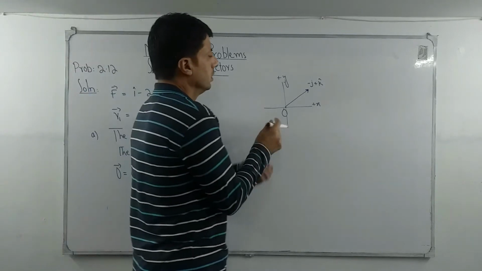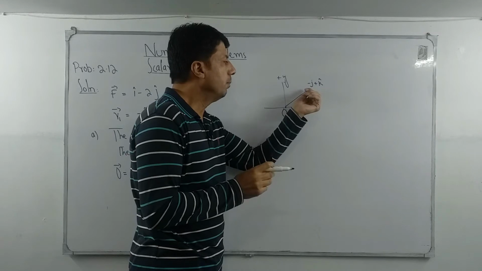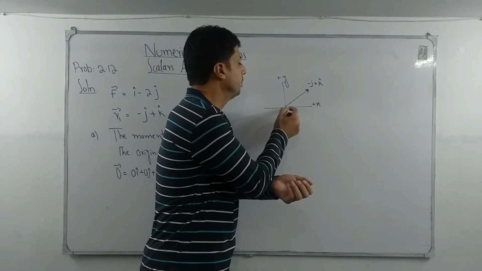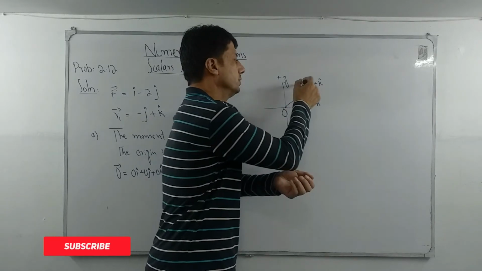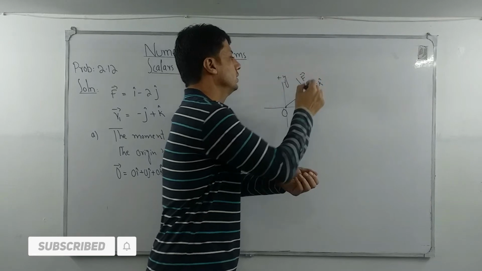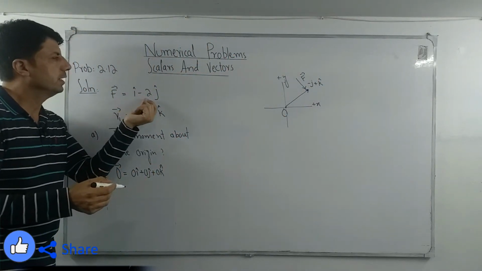Now we have to find the moment about the origin. So the origin will become the pivot, and the force is applied on this point. This is the force for which the vector is i minus 2j.